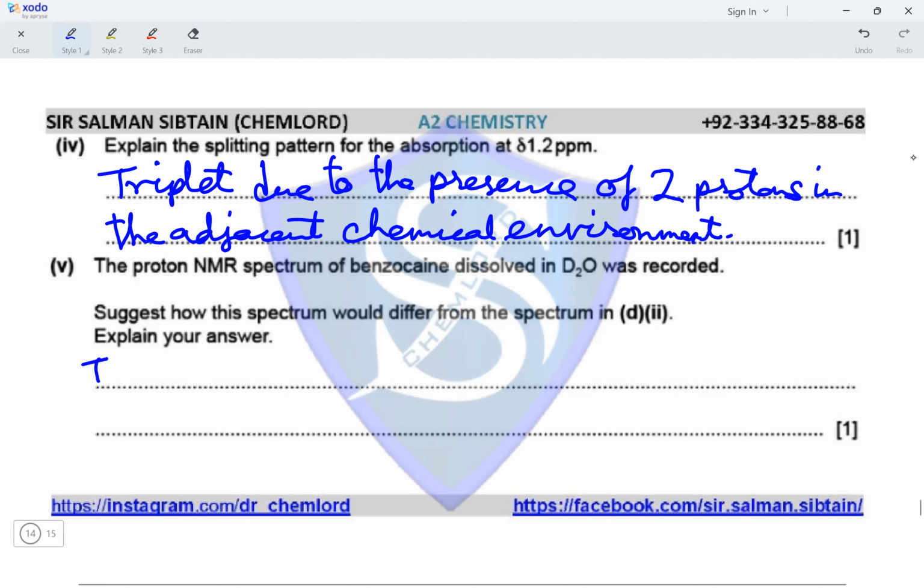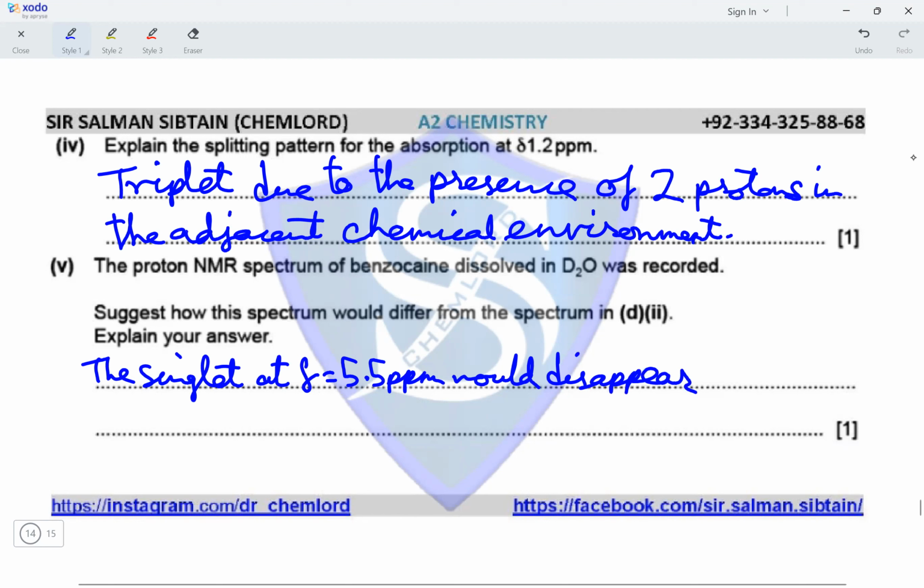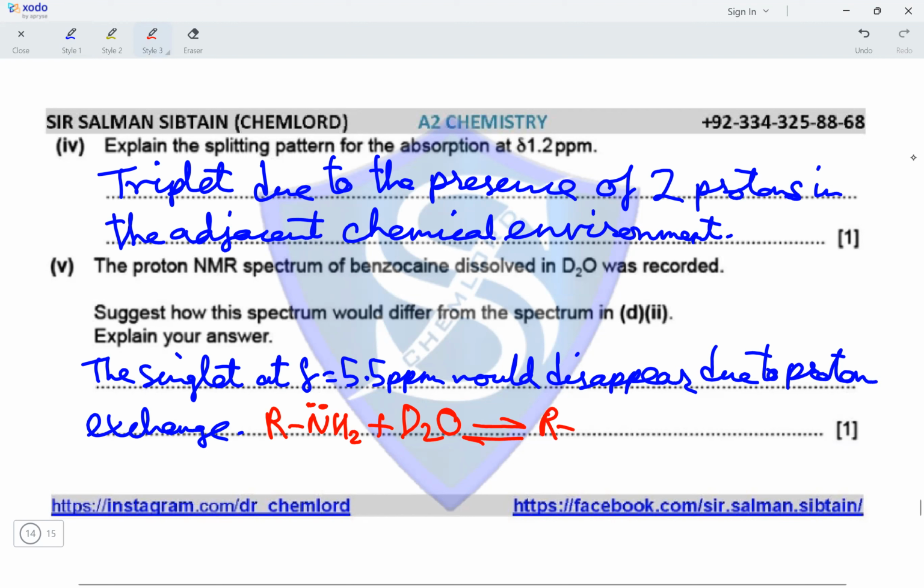So the singlet at delta equals 5.5 ppm would disappear due to proton exchange since it contains labile protons, and the equation for this would be RNH2 plus D2O giving us RNHD plus HOD.